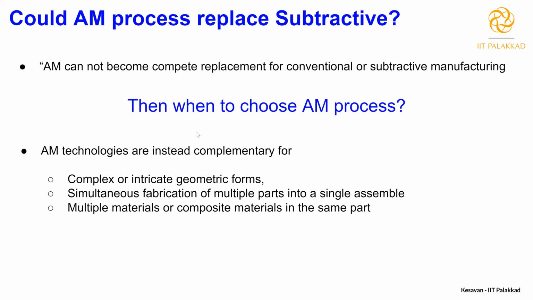It cannot completely replace the conventional process. It is complementary because of the complex and intricate geometries that can be manufactured, and the simultaneous fabrication of multiple parts in a single assembly. I'll give some examples going forward. Multiple materials and composite materials are also possible with additive manufacturing. So these are all complements when compared to conventional manufacturing processes.